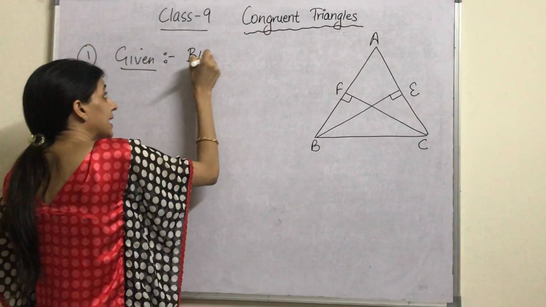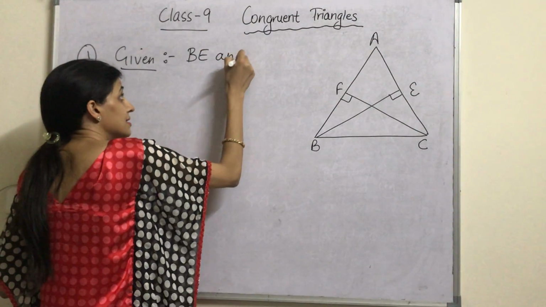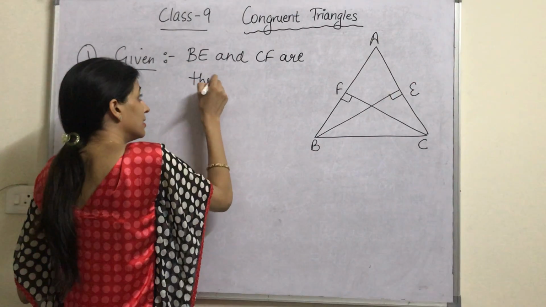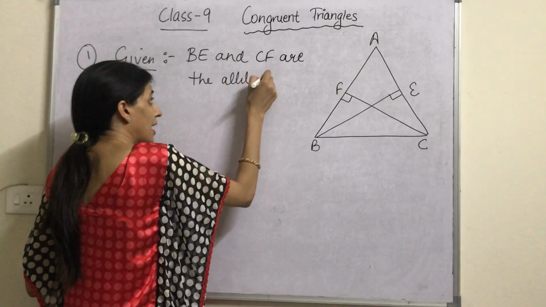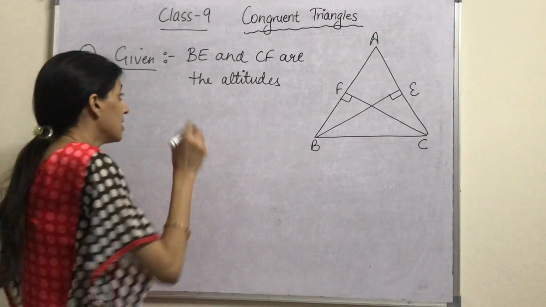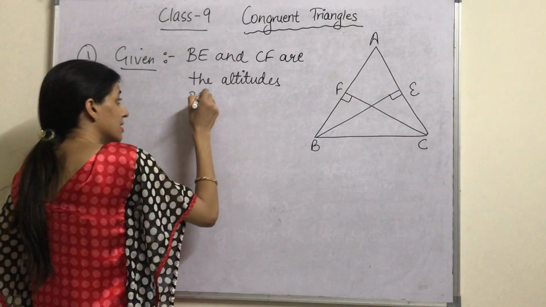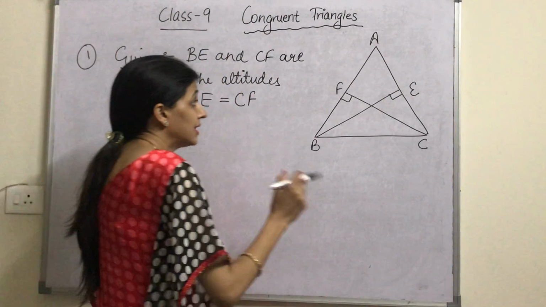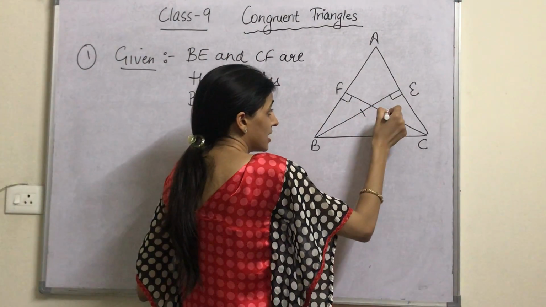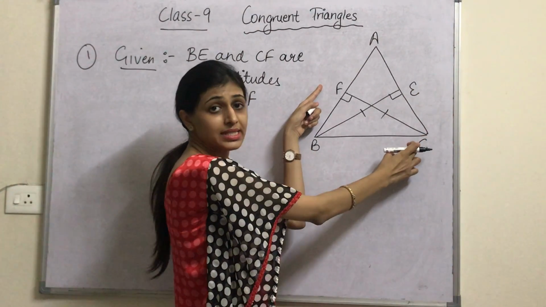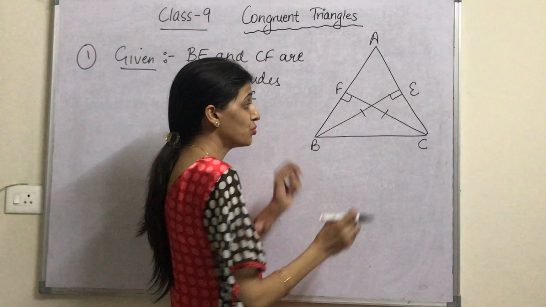One more thing given to us is BE equals CF. That is, this is equal to this. This is given to us.